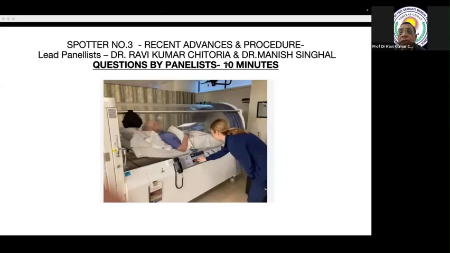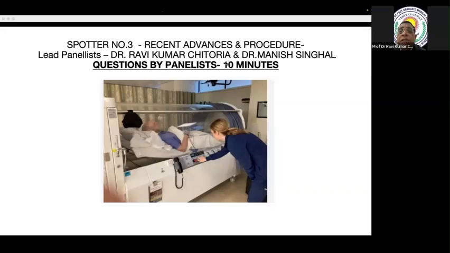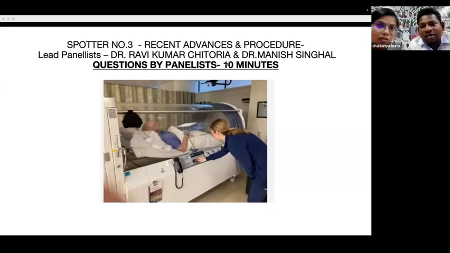Okay, next question to team 1. If you are giving a treatment in a multi chamber, what should be monitored of the other people? Suppose there is an attendant allowed or a nurse allowed. What should we monitor of the attendant? The arterial blood gas levels.